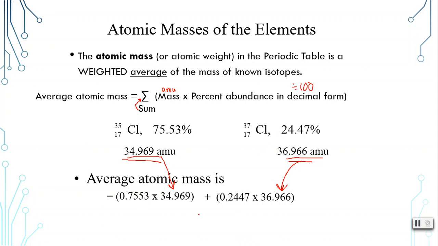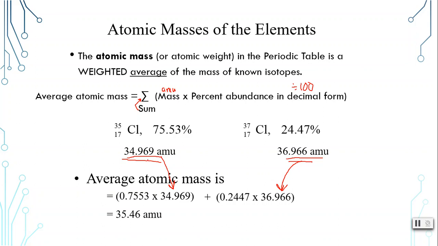When I do those multiplications and add them together, I get an average atomic mass of chlorine of 35.46 atomic mass units, which is pretty darn close to what is actually written on the periodic table. So for these problems, I'm not going to be super picky about significant figures.